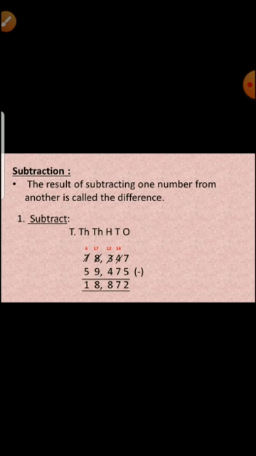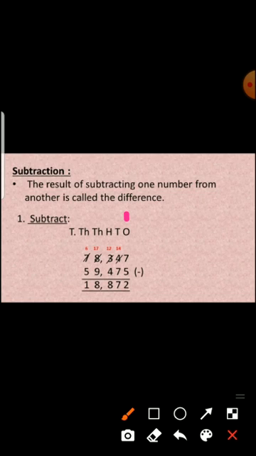Here we are given two numbers, 78,347 and 59,475. Now we are going to subtract these two numbers, which means we are going to find the difference of these two numbers.